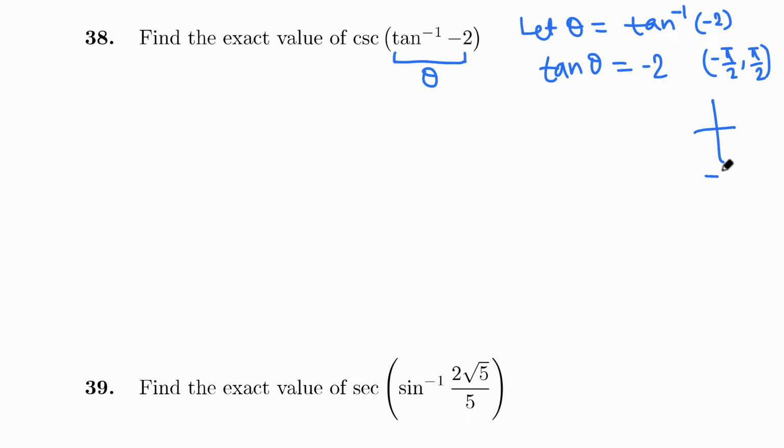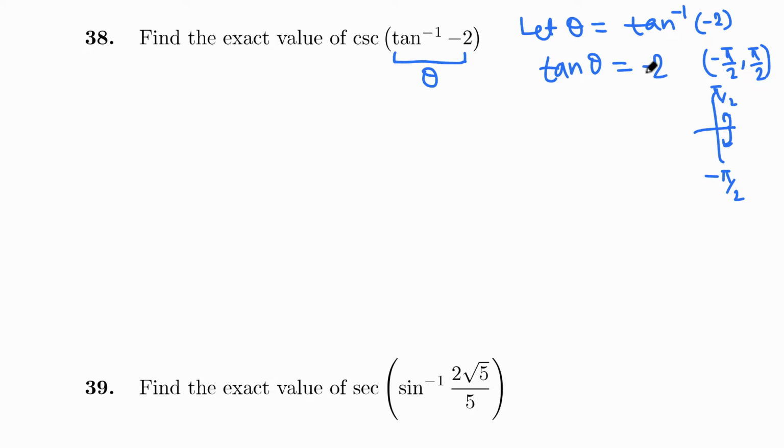So here -pi/2 here, or here pi/2. So based on this, tangent is -2, we can draw a right triangle, and from there this would be just cosecant theta. Then when we have a right triangle with angle theta, then we can easily determine cosecant theta.